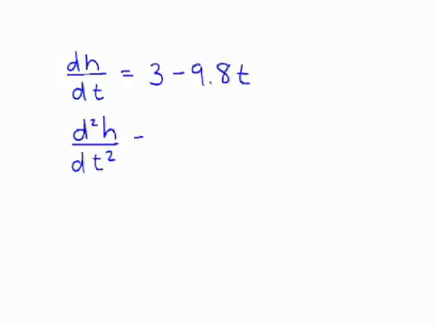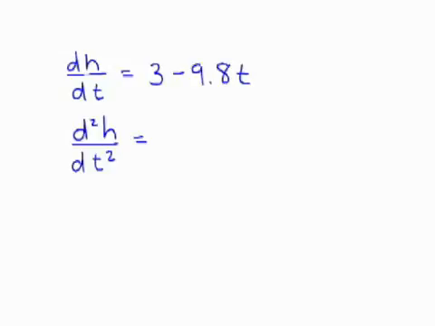In the third part of the question, or part C, we've been asked what is the acceleration of the ball at 1.3 seconds. Well, the first derivative is the velocity. Therefore, if we take the second derivative of the original function, that would give me the expression for the acceleration.